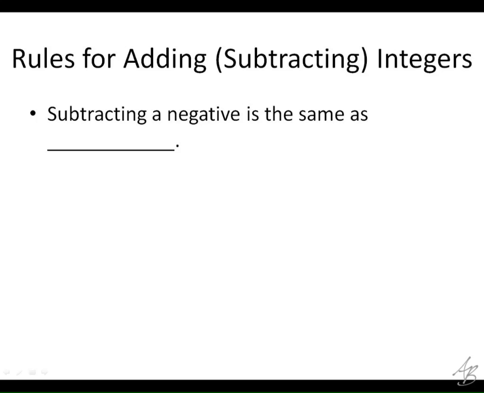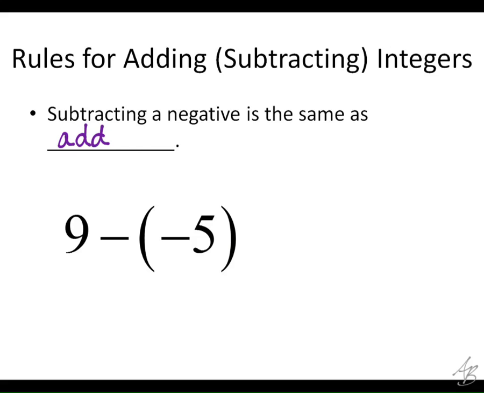Subtracting a negative. This is the last thing that goes with this. Subtracting a negative is the same thing as doing what? Let's say we have something like 9 minus negative 5. It's the same thing as adding, yes. Okay, so subtracting a negative is the same thing as adding. And so what we can do here, this is the way I like to show it.